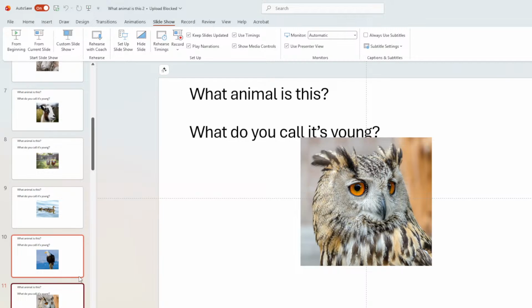We move on. That's another type of bird that we have here.